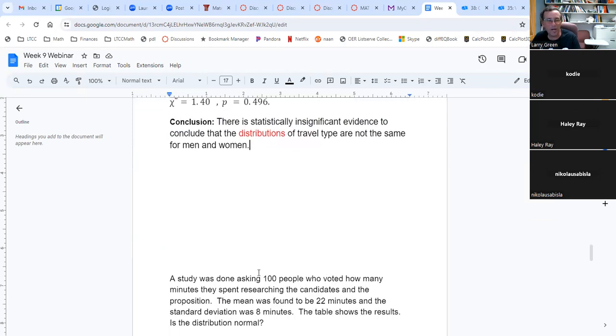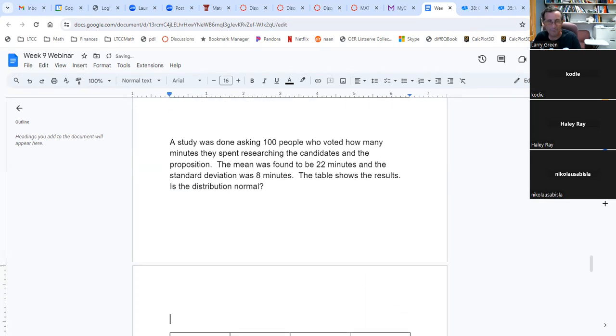Okay, let's do one more example. And here it is. A study was done asking 100 people who voted how many minutes they spent researching the candidate and the proposition. The mean was found to be 22 minutes, and the standard deviation was 8 minutes.